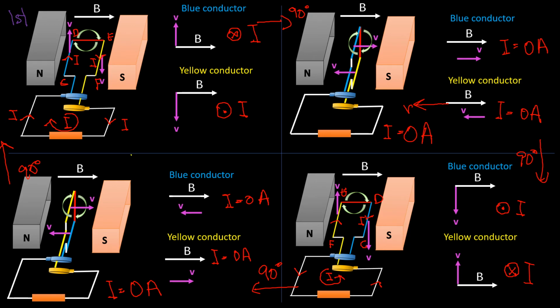Look carefully at my yellow part here. Let's say for the first diagram, you have your I as a maximum. Then for the second diagram, you have zero induced current. This is time.